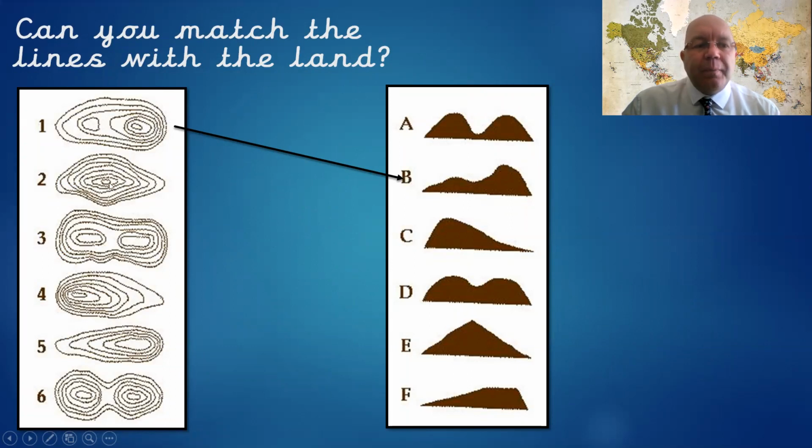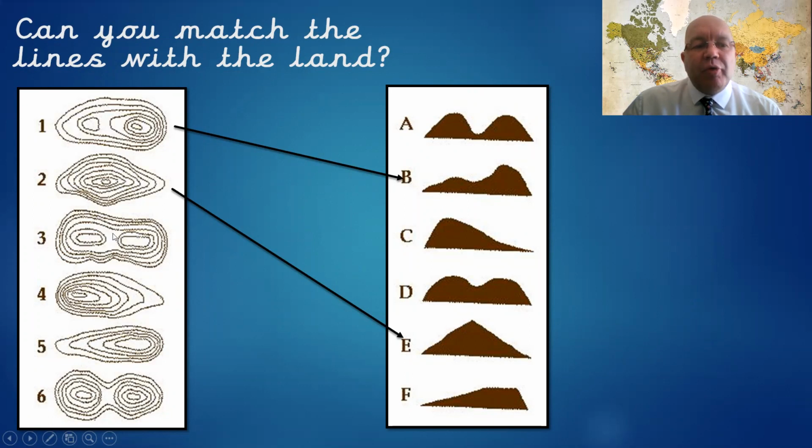What about 2? 2 is just one hill, and it goes right the way up to quite a sharp peak at the top. So that's E. Okay, keeps gradually climbing and climbing and climbing to quite a sharp peak at the top. 3, again, like 1, we've got two hills, but they're both at the same height.